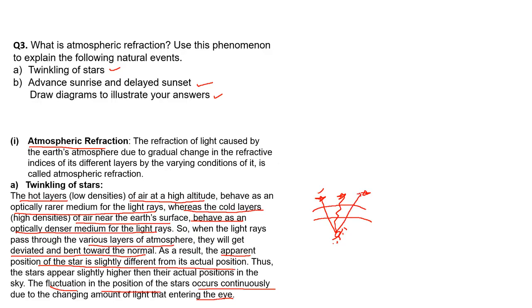So the position of the star is changing, and there is a fluctuation of the intensity of light also. Due to the fluctuation of intensity of the light, the star appears brighter sometimes and sometimes it appears dull. So this brightness and dullness contribute towards the twinkling of stars.